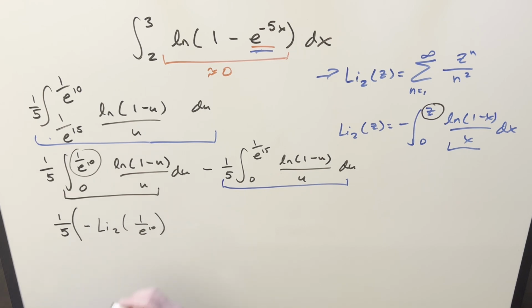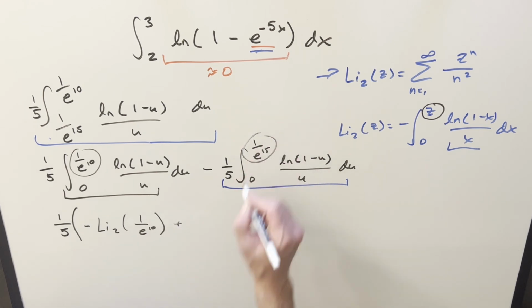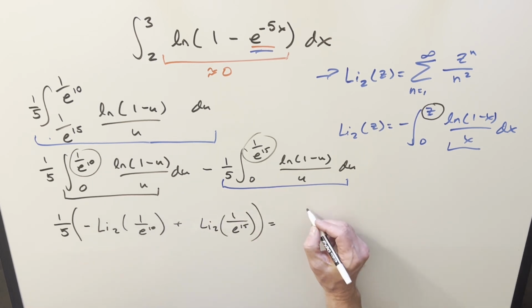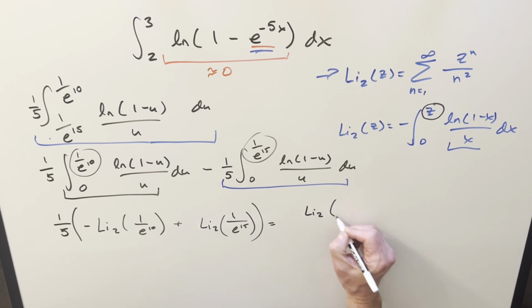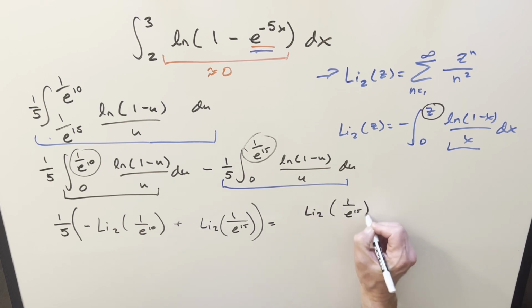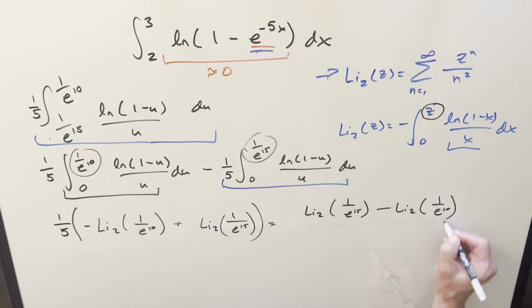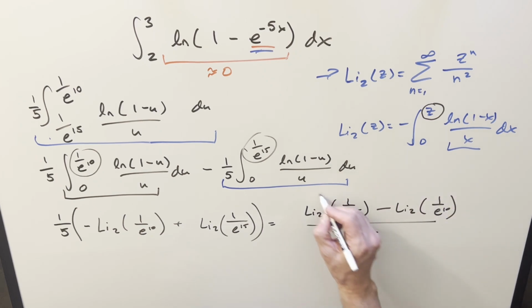So this will be minus dilogarithm of 1 over e to the 10. And this one's going to be plus, same kind of thing, dilogarithm of 1 over e to the 15. And then I'll just reorder it and put it all over 5. So for my final solution to this, we have dilogarithm of 1 over e to the 15 minus dilogarithm of 1 over e to the 10, all over 5, and that's it.